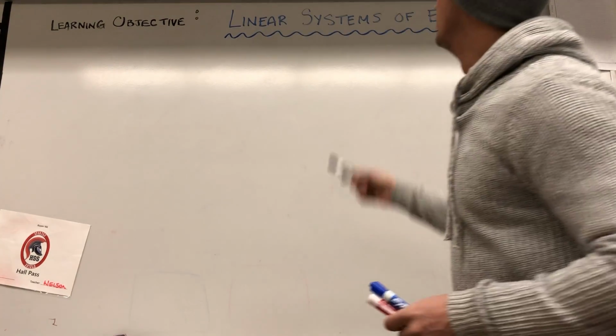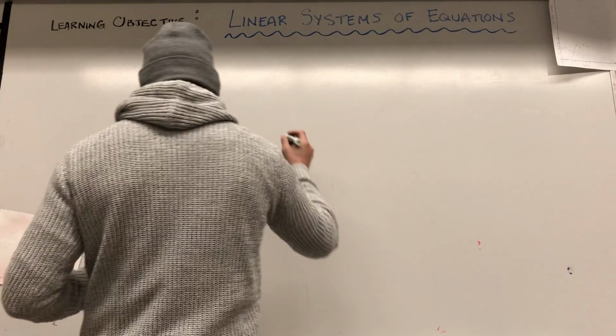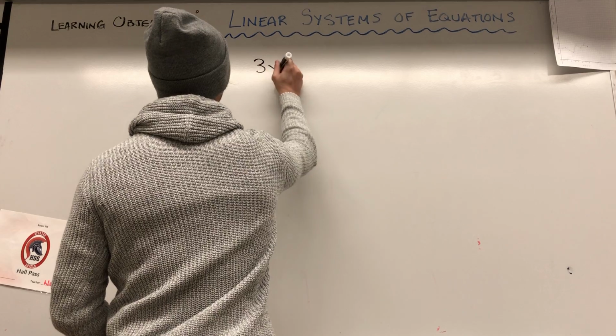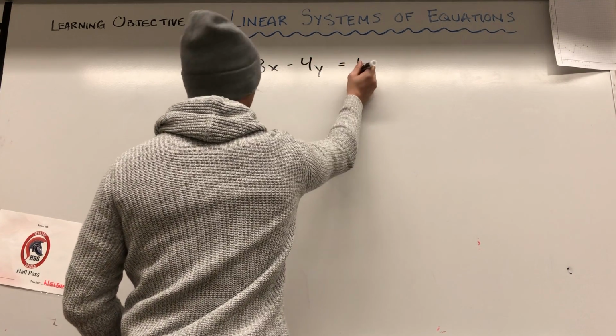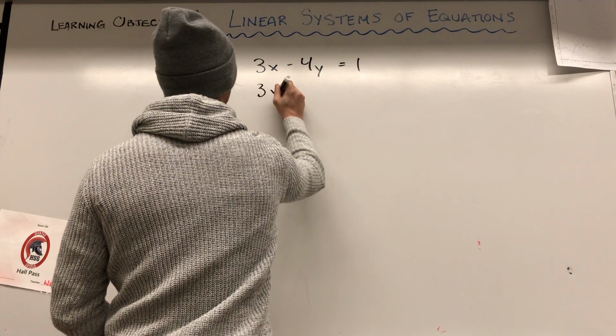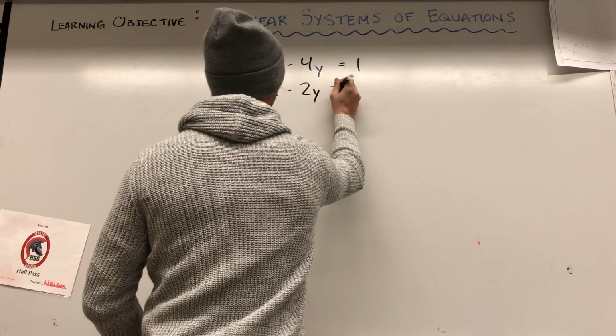So, in the last video, we were talking about linear systems of equations. And a system of equations looks something like this. Minus 4y is equal to 1. And 3x minus 2y is equal to negative 1.